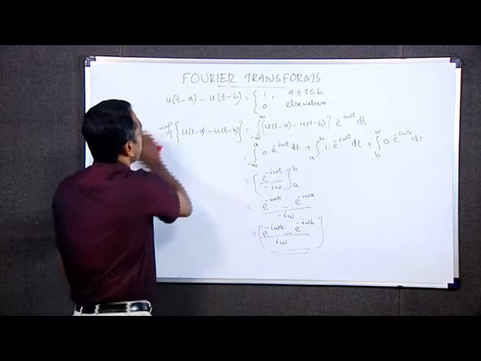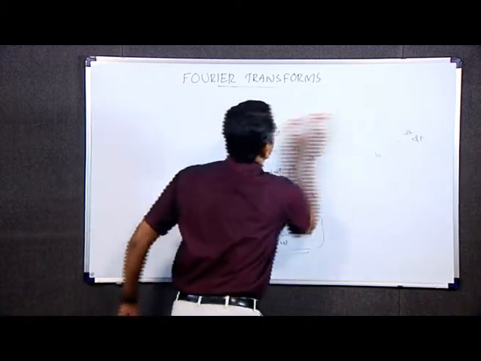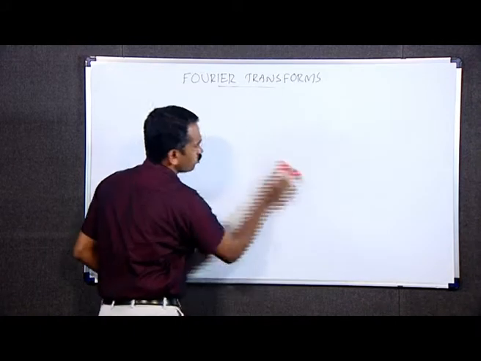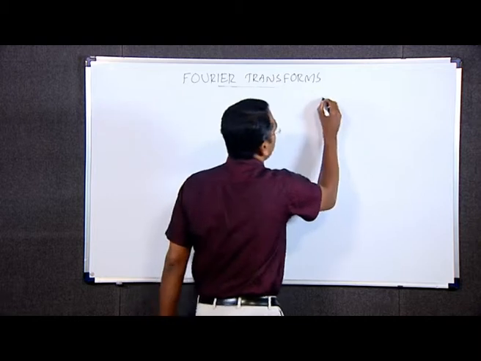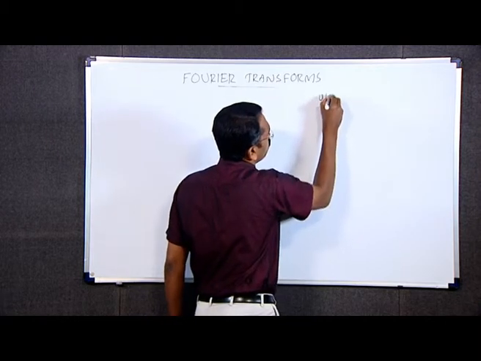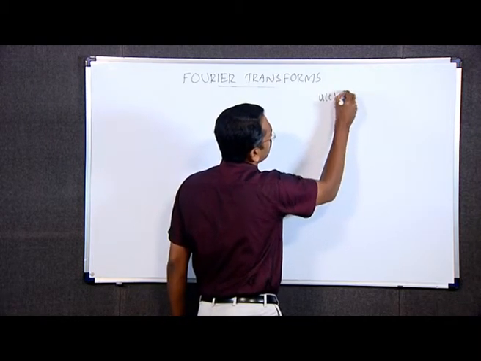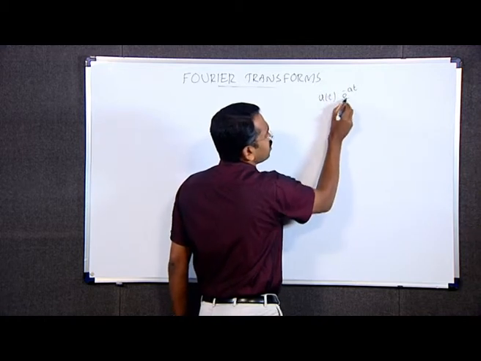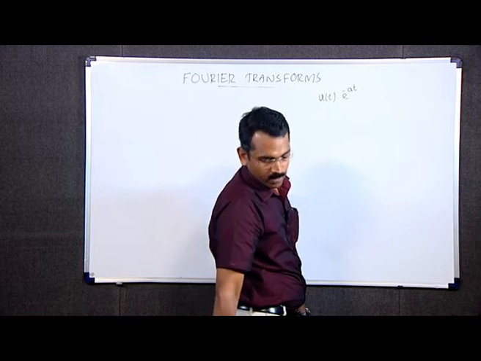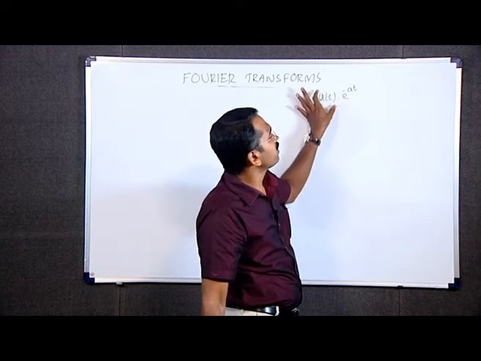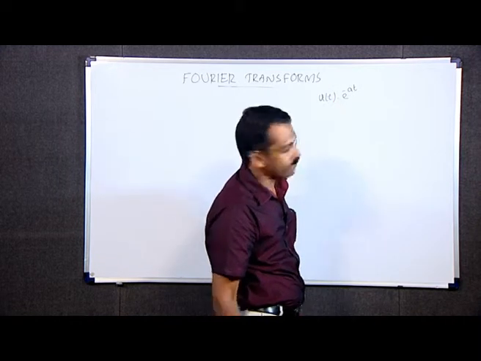Now consider the function u(t) times e^(−at), that is e^(−at) multiplied by the unit step function. We want to find the Fourier transform of this function.